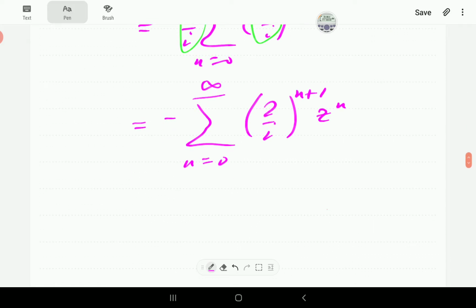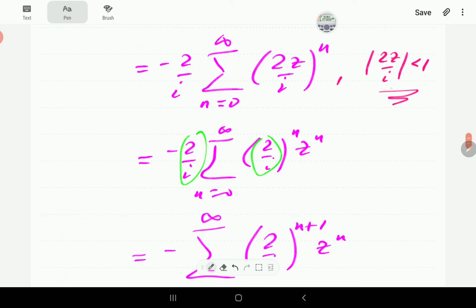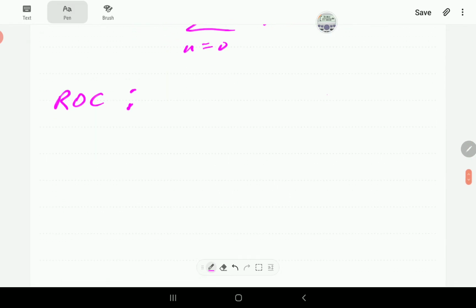Now, in terms of the region of convergence, I'm going to do this in two ways. The first method, we're going to use this result, of course, and then the second method, we're going to do some geometric considerations. Now, I think it's always a good idea to do both methods and to confirm that they give you the same thing.